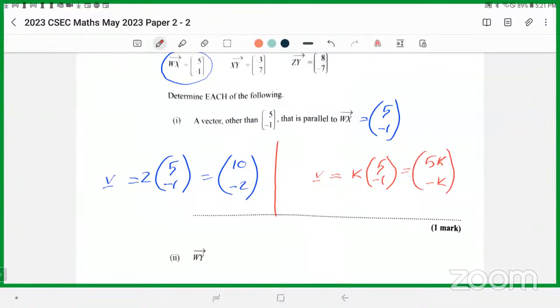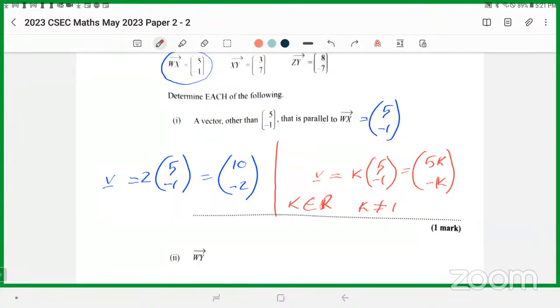I'm going to define k for them now. k is a member of the real numbers and k is not equal to 1, because they said they don't want the vector to be 5, -1.